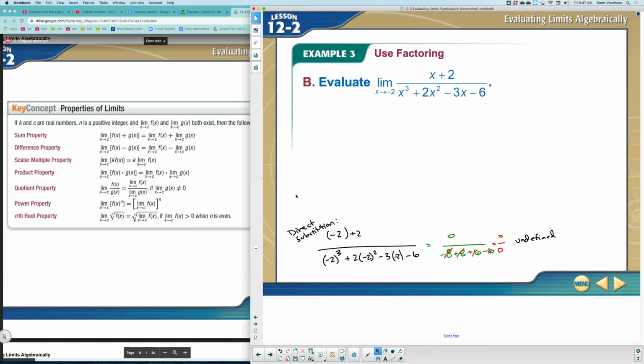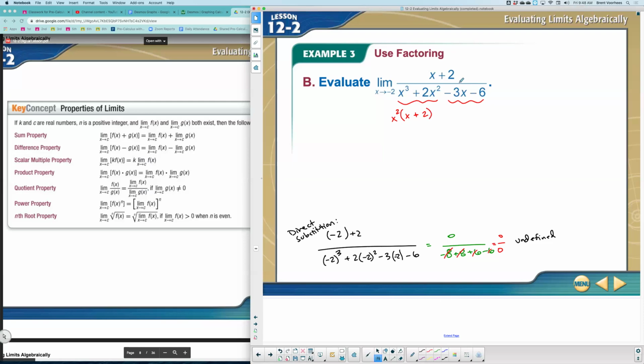If I factor by grouping, I'm going to look at these two groups individually and ask what's shared in the front group. They both have a GCF, a greatest common factor, of x squared. If I pull those out, it's kind of like a reverse distribution. I'd be left with an x in the front, since x cubed divided by x squared would be x, and then 2x squared divided by x squared would be 2.